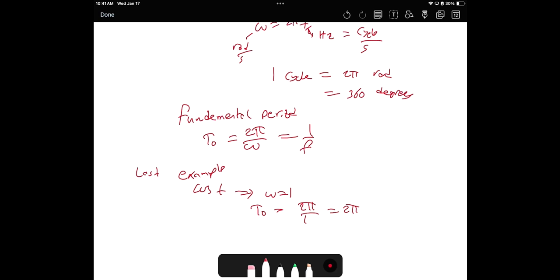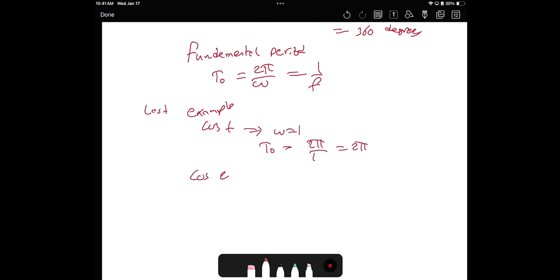However, if we have another example like cosine 2t, here omega equals 2, therefore the period T0 equals 2 pi divided by 2, which is pi. So if you have cosine 2t, in the previous example you need to substitute the period as pi, not 2 pi. Any question?